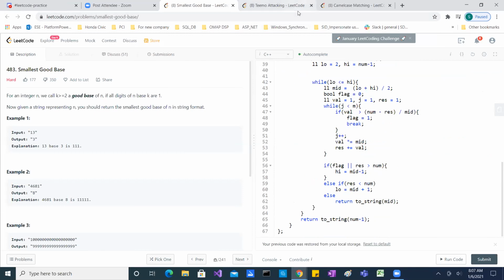Do you want to share the screen? Okay, go ahead. I'll try, it's opening. In the meanwhile, if somebody has some other idea, go ahead. Actually, what it is doing is, let's say if you look for 8, right?